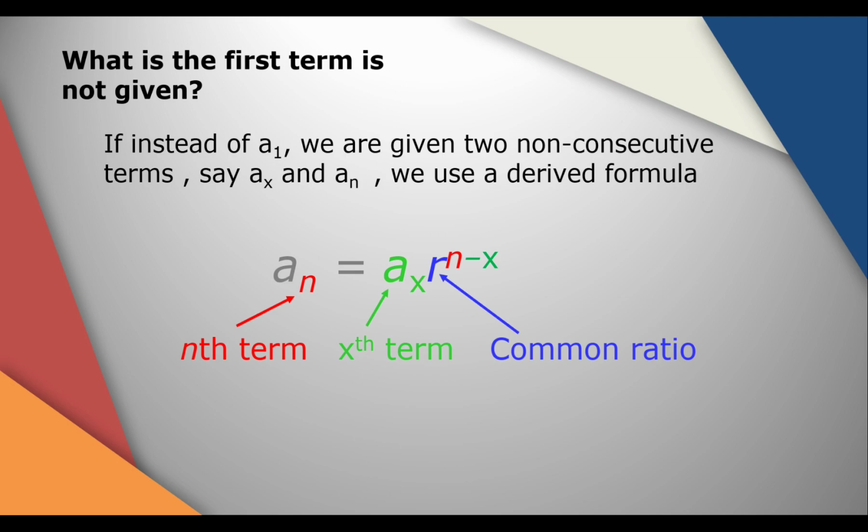But what if the first term is not given? If instead of a sub 1, we are given two non-consecutive terms, say we have an a sub x and an a sub n, and a sub x could be your a sub 3, and your a sub n could be the a sub 10, or your a sub x could be a sub 7, and a sub n could be a sub 15.